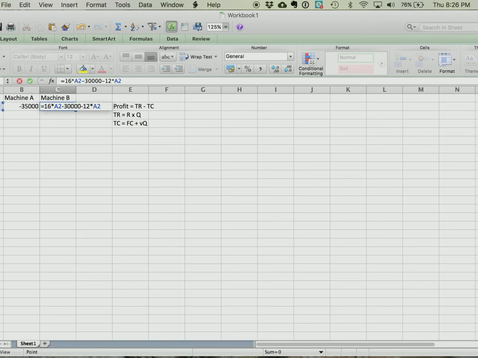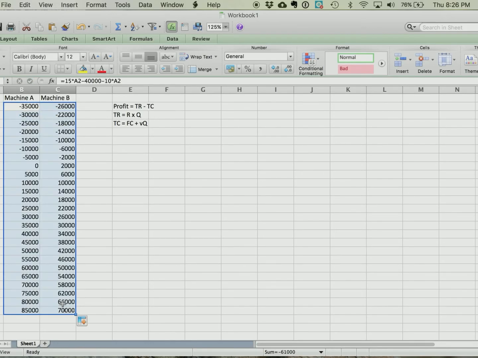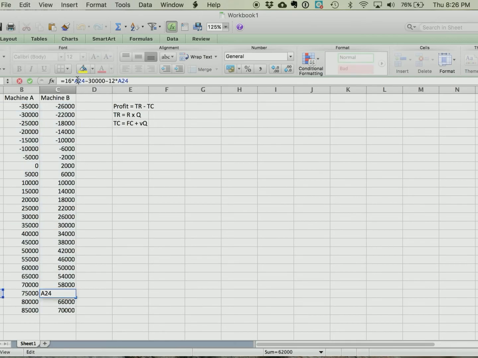So it's total revenue minus total cost: 16 times Q minus 30,000 minus 12 times Q. If we then drag these down, it will take those formulas and use those higher quantities.